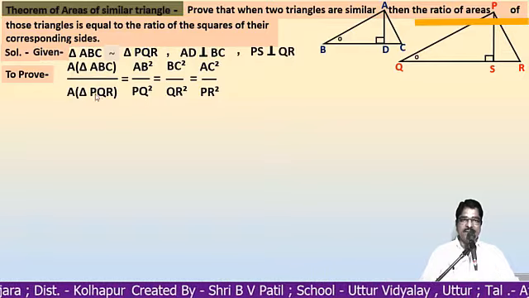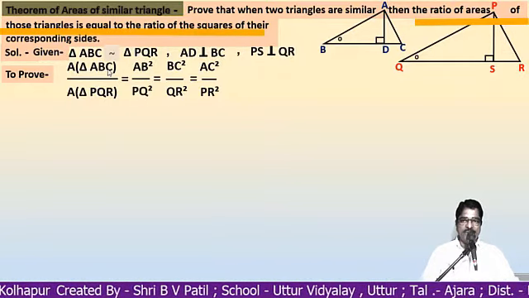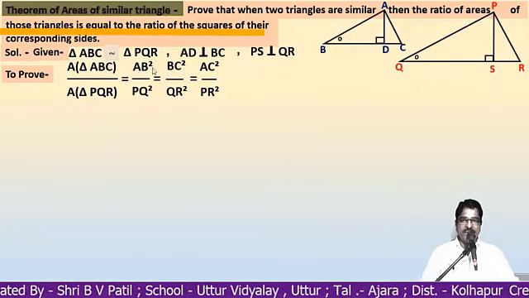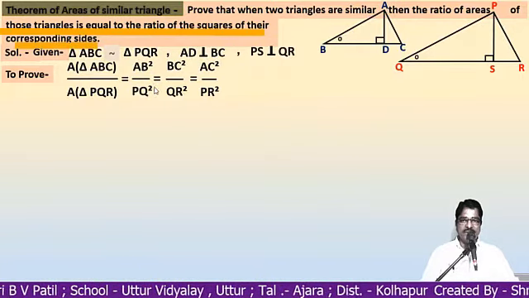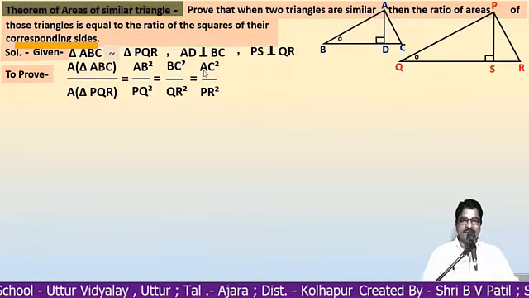Here the ratio of areas of two triangles is equal to the ratio of squares of their corresponding sides.